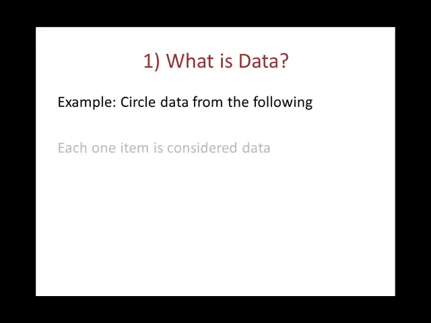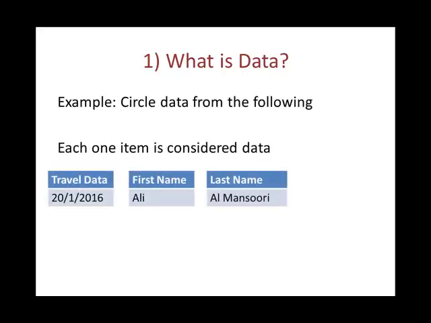If you notice here, we have this particular example which shows three different types of data, such as travel date, first name and last name. So if you just spend 1 minute and circle which one of these is data.